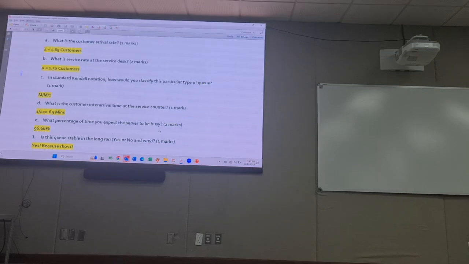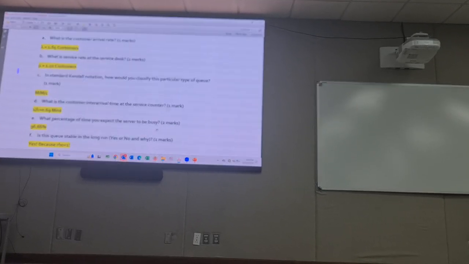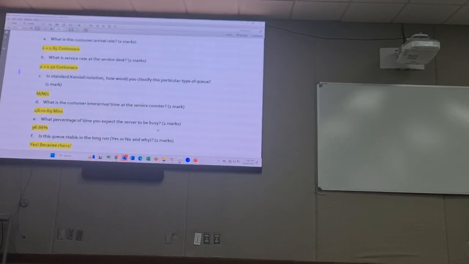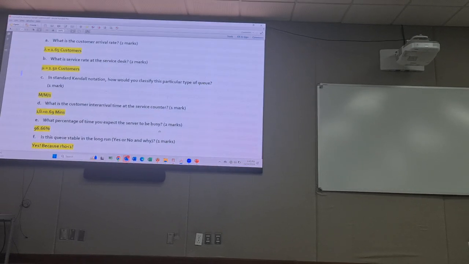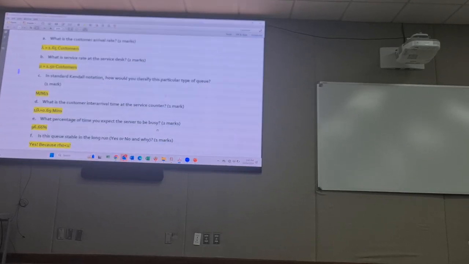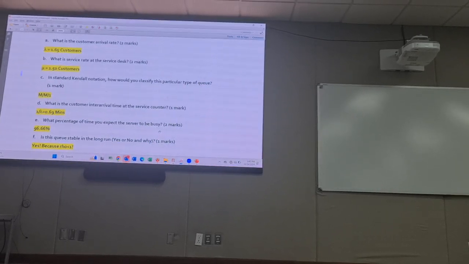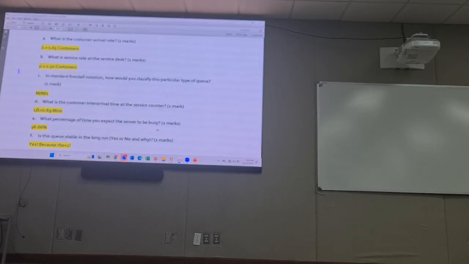What percentage of time you expect your server to be busy? Now it's just a game of words. What percentage of time your server is busy? What am I asking? The load. System load. System utilization. It's just an explanation of rho.